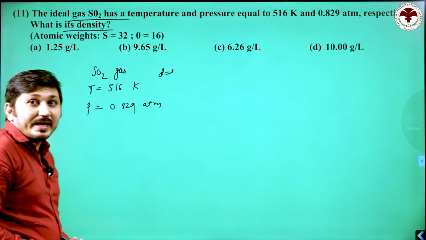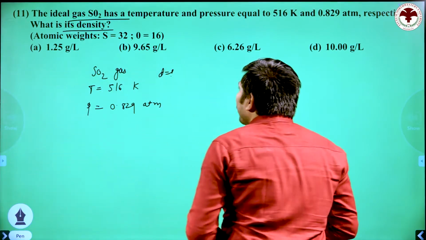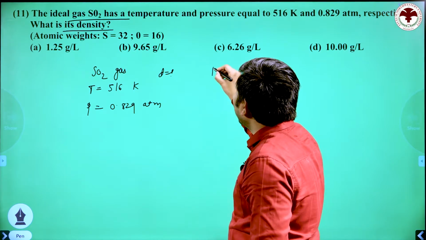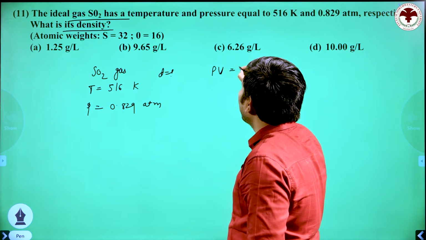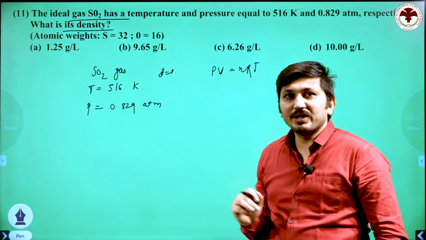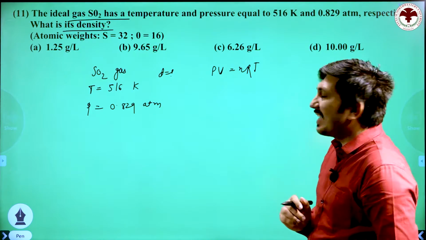First of all, we derive the formula for the density. So what is the ideal gas equation? We know that PV is equal to nRT. It is a very famous equation, also known as the ideal gas equation.